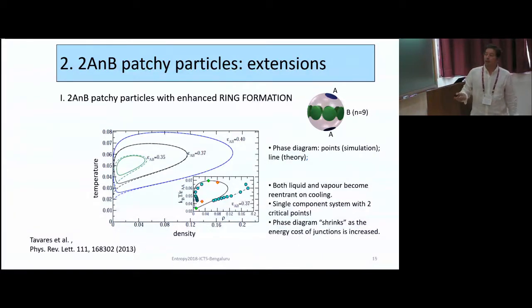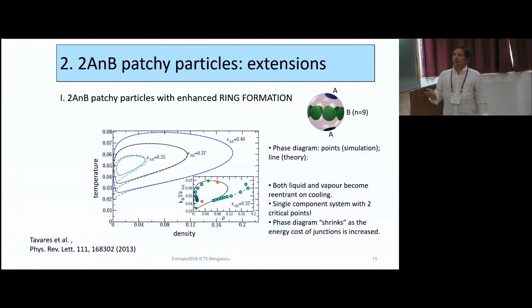And you can also include the rings in the theory. In this case, you get temperature-density phase diagrams with clearly two critical points for all the energy costs of junctions. So these are closed loop phase diagrams of a single component system.